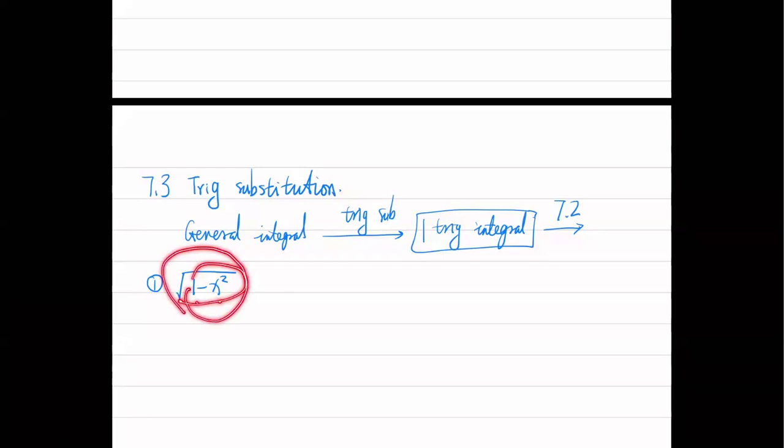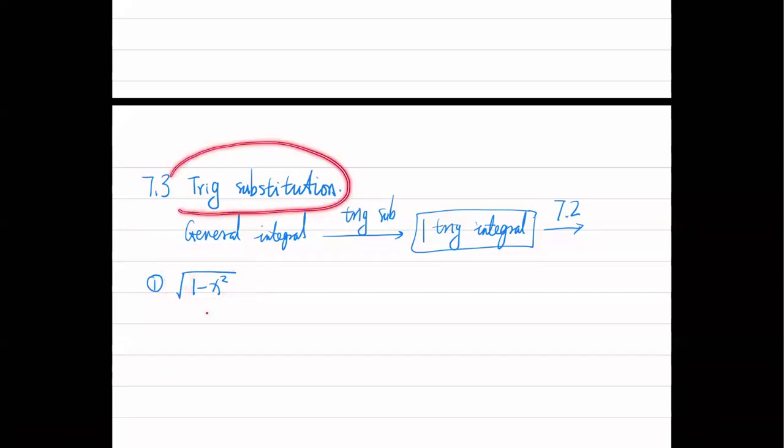Whenever you see the square root of this, it's a hint that we want to apply the trig substitution, because we want to get rid of the square root. Whenever you see this, the first thing is how to get rid of the square root. We use the trig substitution.